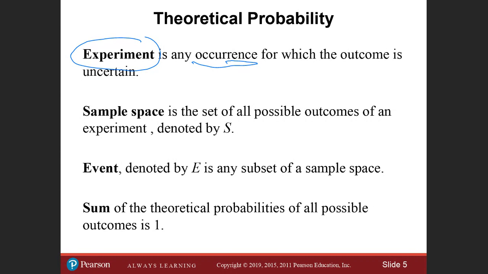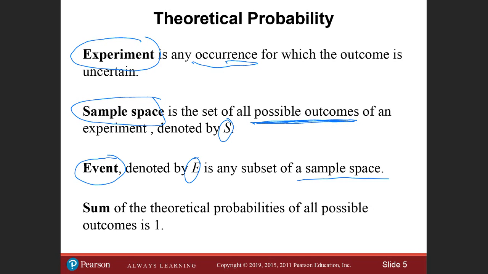And then we have the S here, or the sample space, the set of all possible outcomes of an experiment, and it's denoted by the letter S. Event is denoted by E, is any subset of a sample space. Sum of the theoretical probabilities of all possible outcomes is 1. Again, the highest value for probability is 1, and the lowest is 0.